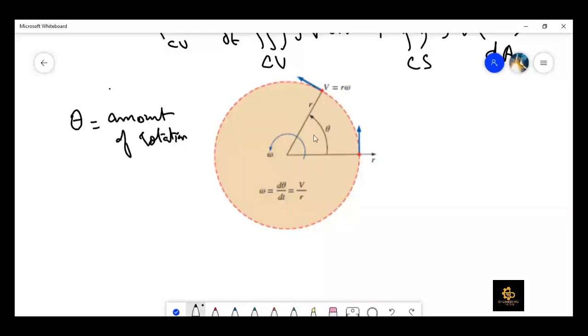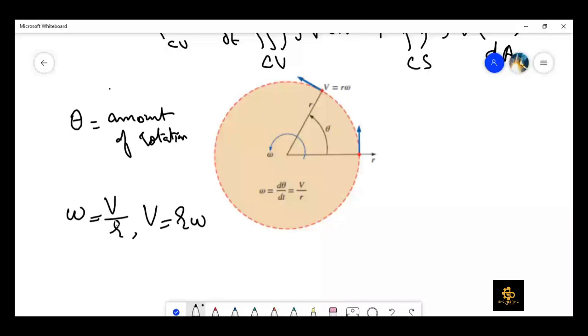So we know that, and then we also know from our basic knowledge that omega is v upon r, or we can say v is equal to r omega. So v is the tangential motion, and omega is the angular velocity here.